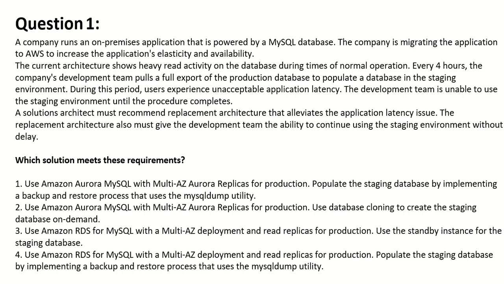During this period, users experience unexpected application latency. The development team is unable to use the staging environment until the procedure completes. A solutions architect must recommend a replacement architecture that alleviates the application latency issues. The replacement architecture also must give the development team the ability to continue using the staging environment without delay.